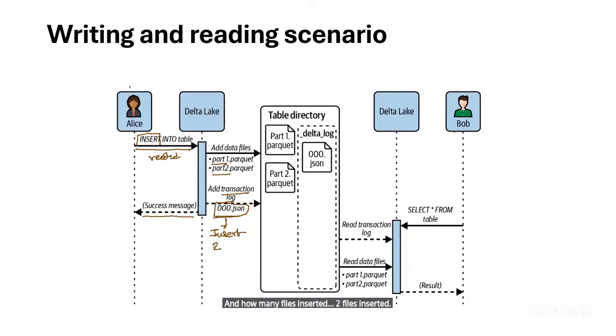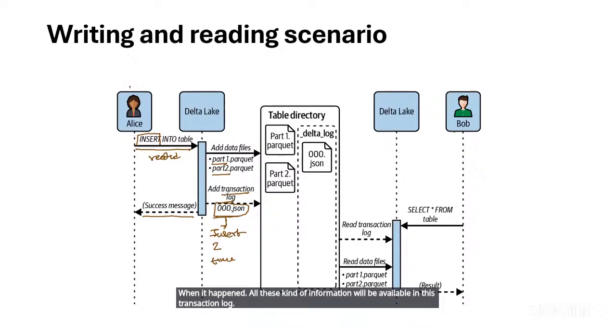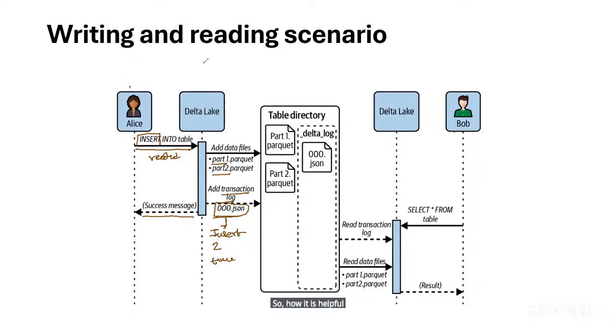At what time? Some time when it happened. All this kind of information will be available in this transaction log. So how is it helpful? We don't have this in a traditional data lake, so people used to struggle a bit. Now in Delta Lake, we have this kind of tracking through transaction logs.